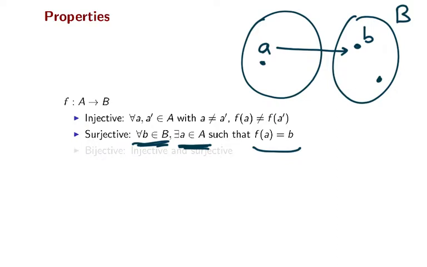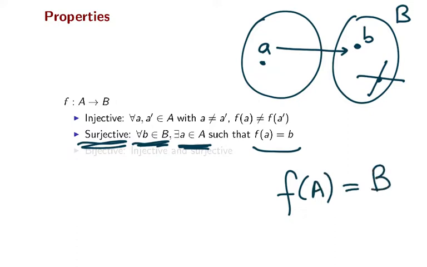That cannot happen. This situation is okay for a function, but it's not okay for a function that is surjective. So in other words, for being surjective, the range of the function has to be the whole codomain. We shouldn't have any elements in the codomain alone that don't have any arrow arriving to them.